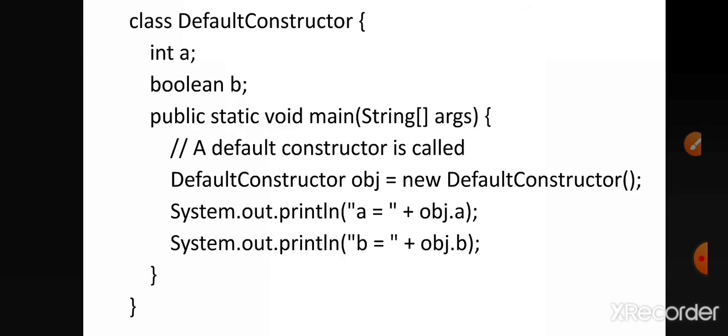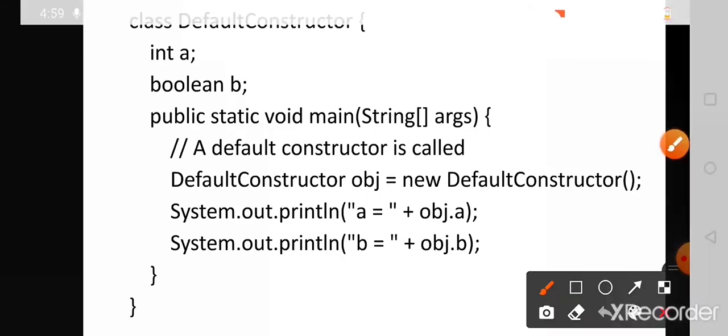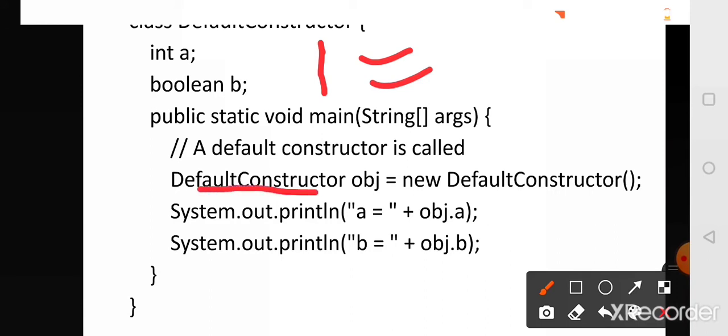Let us understand default constructor with an example. In this program, I have not declared any constructor within the class. So this class contains only the variables a and b with the main method. While creating an object of this class type, I have written the name of the class followed by the object name, and then I have used the new operator followed by the default constructor.